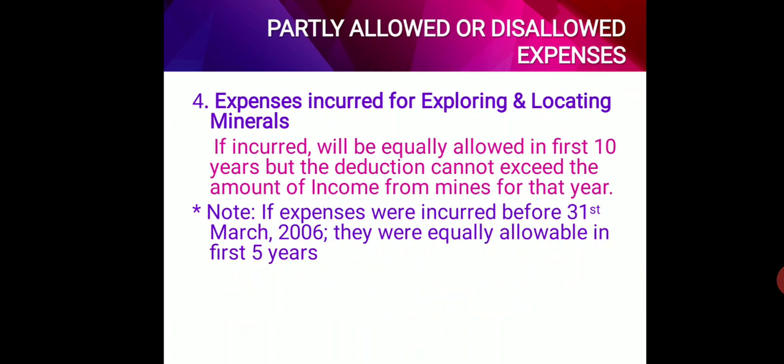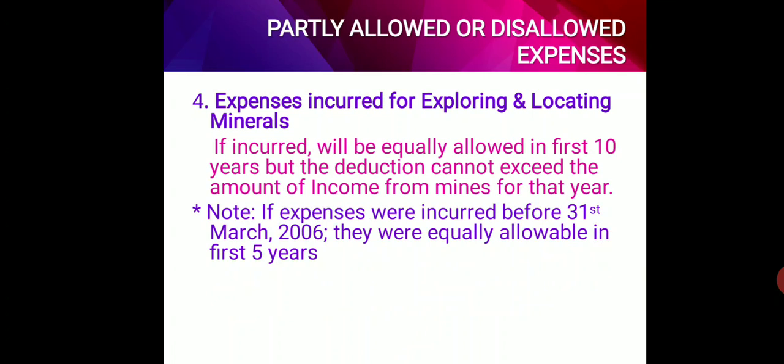Fourth one is expenses incurred for exploring and locating minerals. If incurred, these will be allowed equally in first 10 years, but this deduction cannot exceed the amount of income from mines for that year. So 1/10 of the total expenditure will be allowed in every previous year, but if in any previous year, the amount of income is less than that, then it will not be deductible beyond that amount.